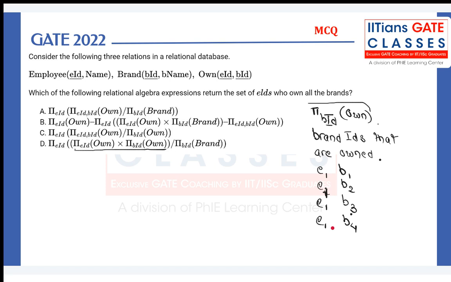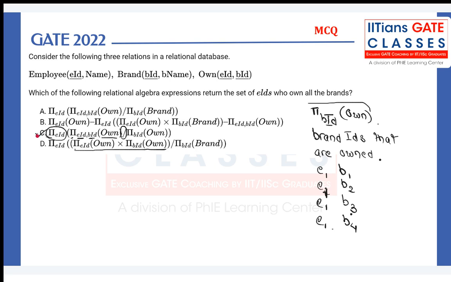Do you understand why option C is correct? You get all the employee IDs and the brand IDs from the table own. You try to find out all the employees who own all the brands. That is given by this. And the division operation does the hard work of giving you those employee IDs which have owned all the brands. And now you're trying to get only the employee IDs. So the correct answer is option C.